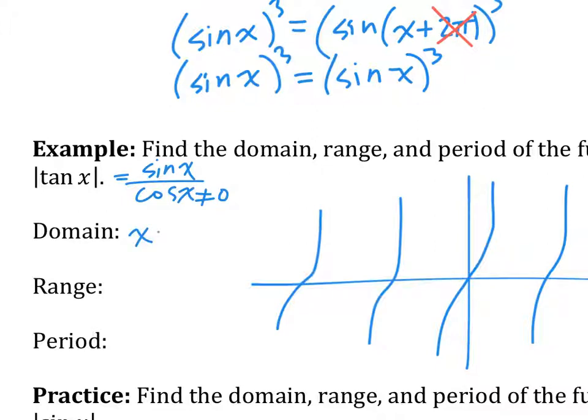Good, pi over 2. So x can't equal pi over 2. Pi over 2 is here, right? 90 degrees. The question is, when is cosine 0 again? 3 pi over 2. Right? So then the question is, how often does that repeat? Pi over 2. No. Every pi. Oh, yeah. Right? So then plus pi k, and k is an integer.